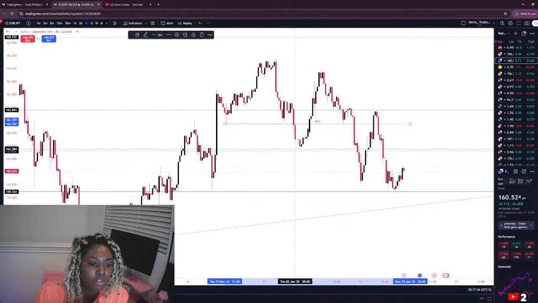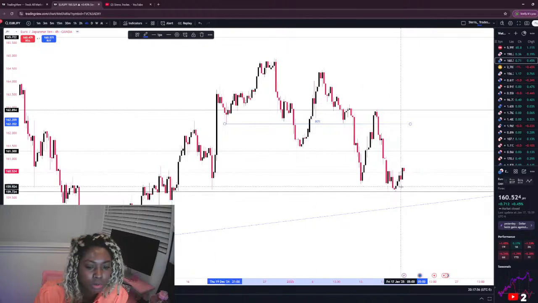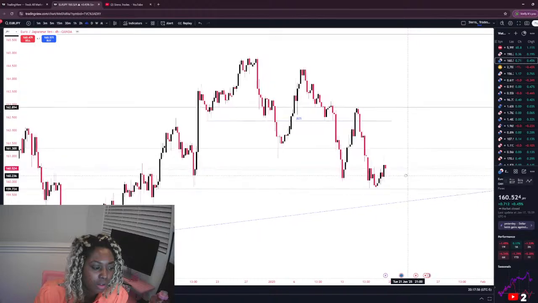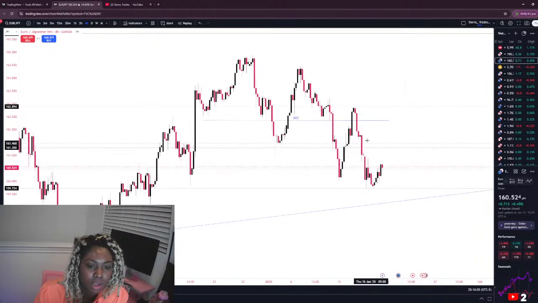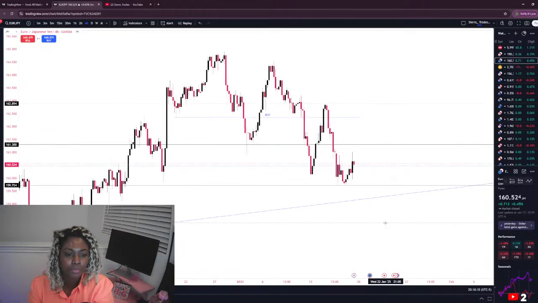After price broke structure, price came back up into this gap, which sent us down to break another low, which was here. Price broke this low here. I want to see price come back up into this gap or this gap to send us back down to this gap and near this trend line.